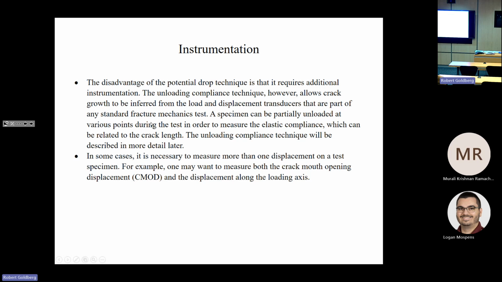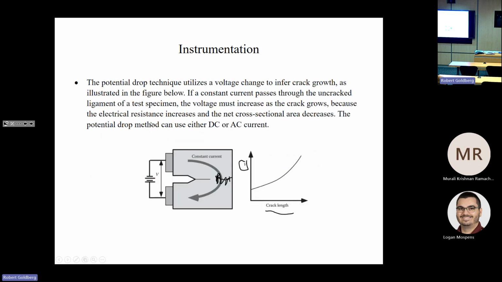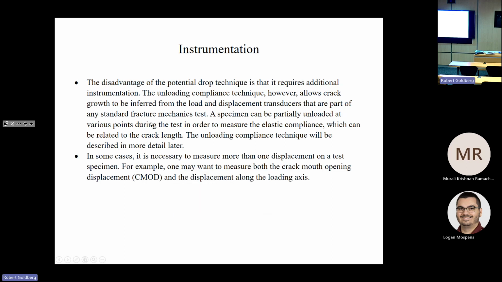Now, in some cases, it's necessary to measure more than one displacement on a test specimen. You may want to measure both the crack mouth opening displacement and the displacement along the loading direction.